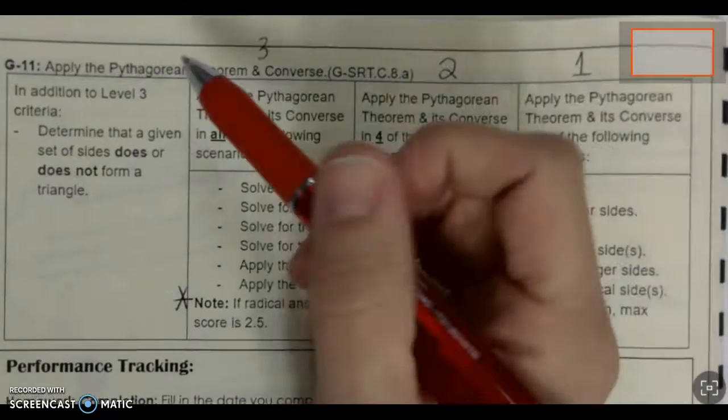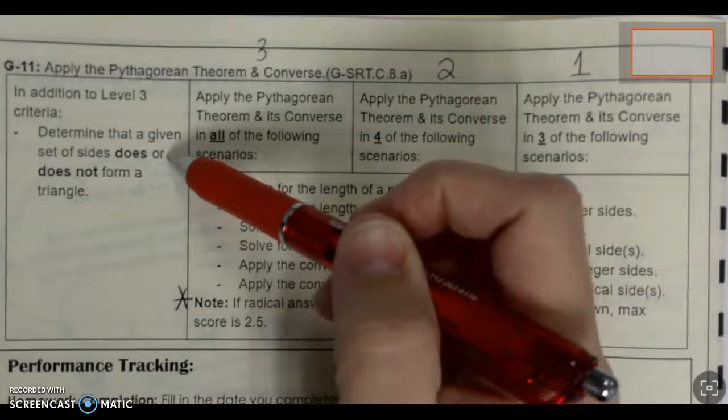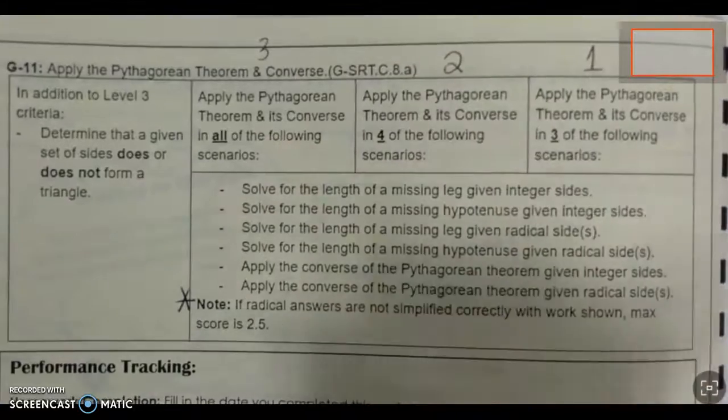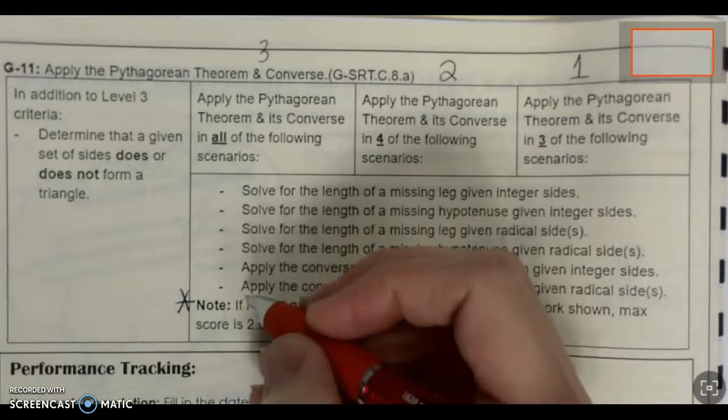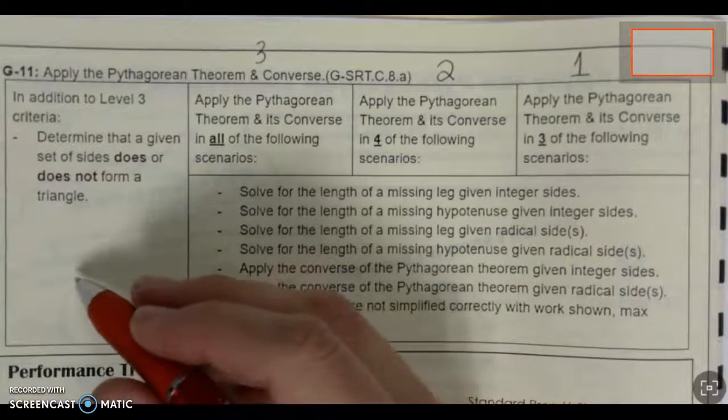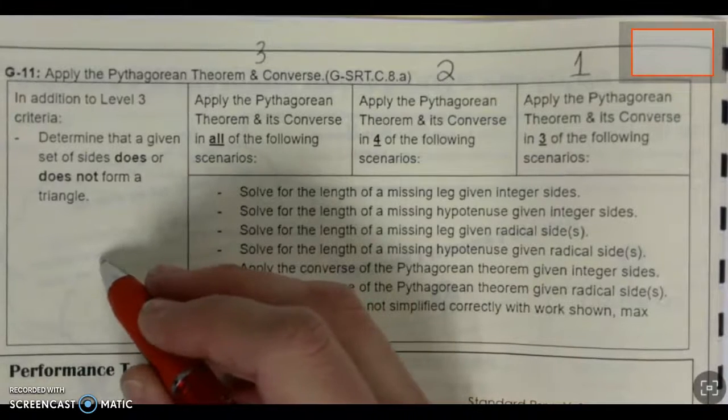The last one, level 4, is just, can you pick out the 3 lengths that actually don't make a triangle? So in our review for today, I'm going to point out exactly which question goes with these 6 things and which question is going to be that level 4 question.